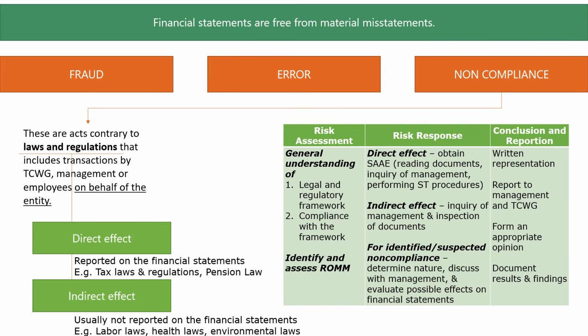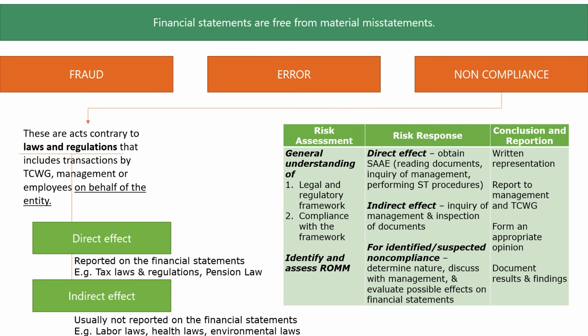But in the case of indirect effect illegal acts, these are usually not reported in the FS, but I mean, come on, we know about penalties in case these laws are not complied with. So in case of indirect effect illegal acts, the responsibility of the auditor is limited to inquiry of management and inspection of documents.